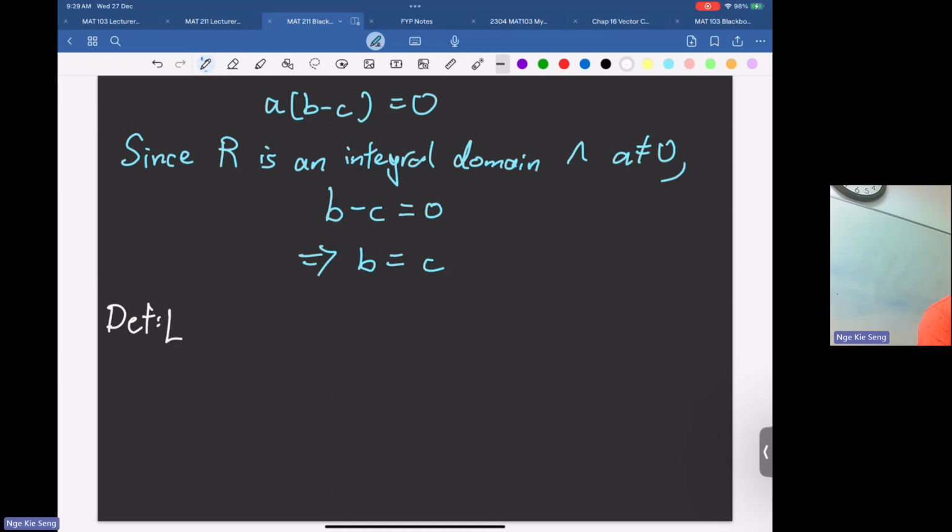So definition. Let R be a ring. So we define what a fraction is.